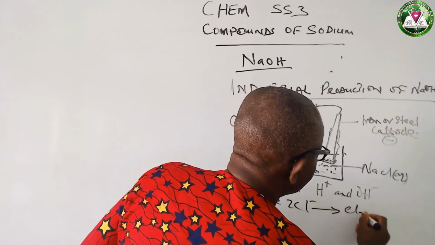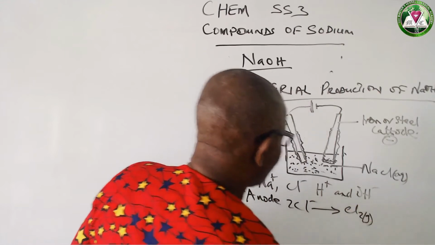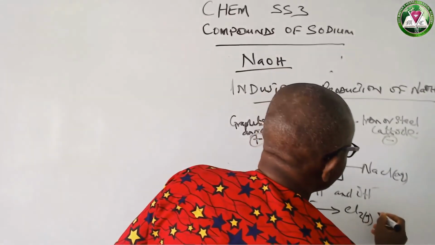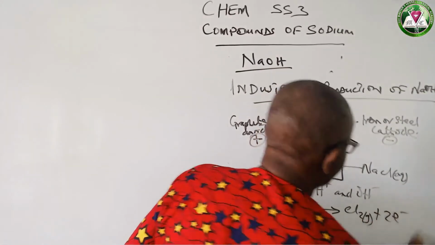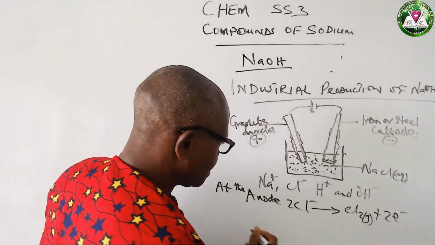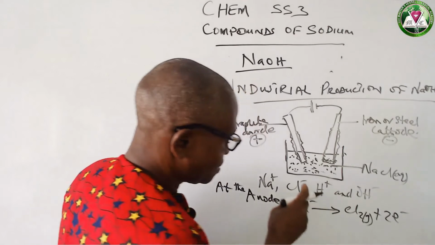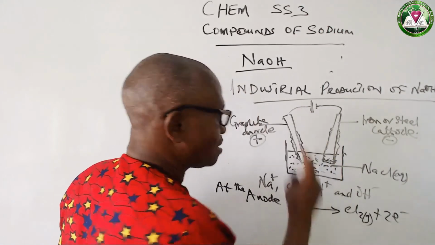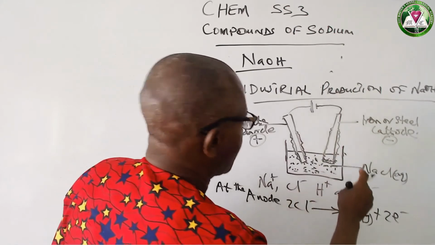You have 2Cl- forming chlorine molecule or chlorine gas plus 2 electrons, leaving behind hydroxide ion in the beaker.